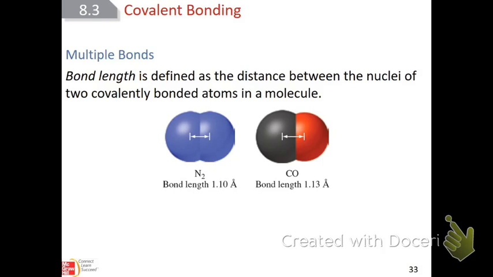That's going to be a stronger hold. And if you had 3 pairs of electrons being shared between 2 atoms, a triple bond, that's going to pull the 2 atoms closer, tighter together, so the bond length between the 2 is going to be even shorter and much, much stronger.